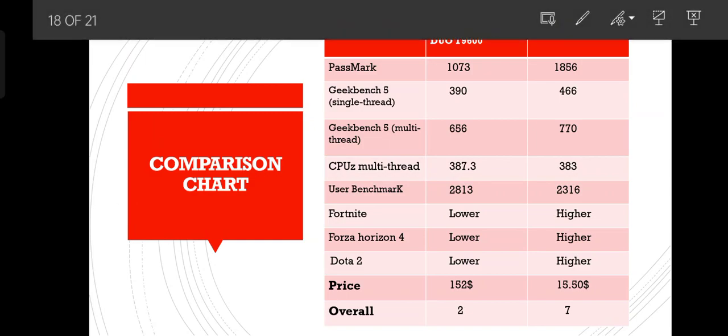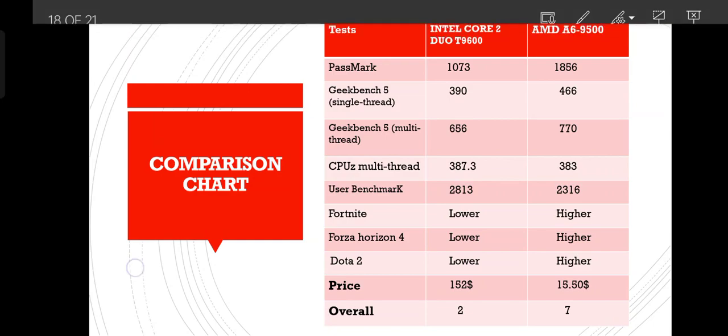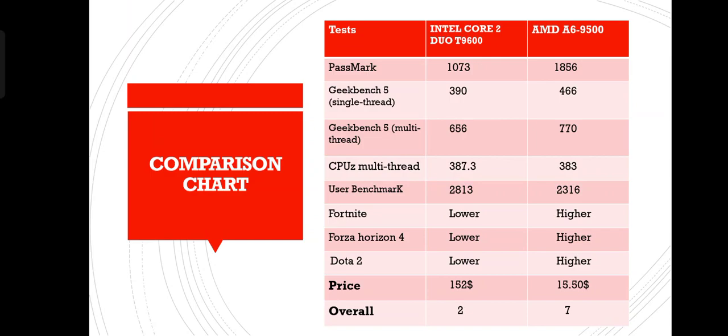I also input the current price as of today. The price of the Intel Core 2 Duo T9600 is $152. The AMD A6-9500 only costs 15.50 US dollars.